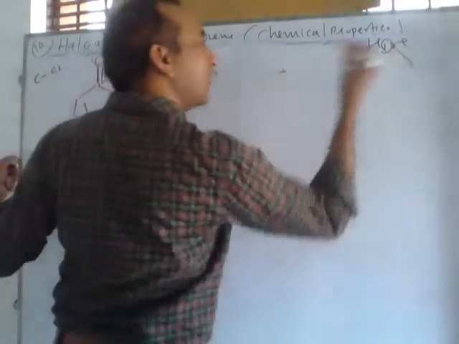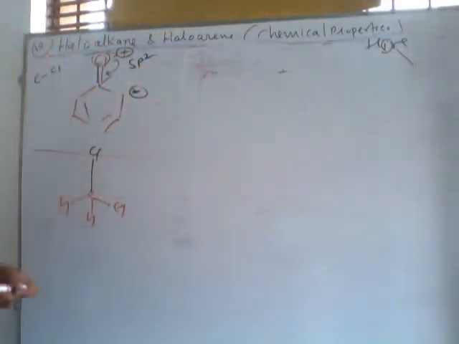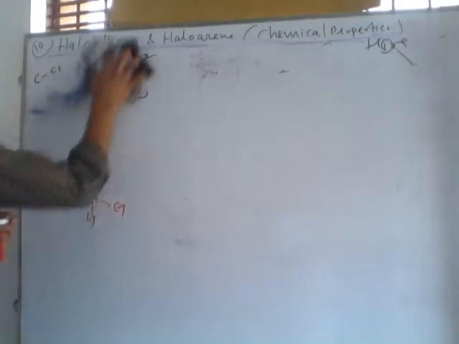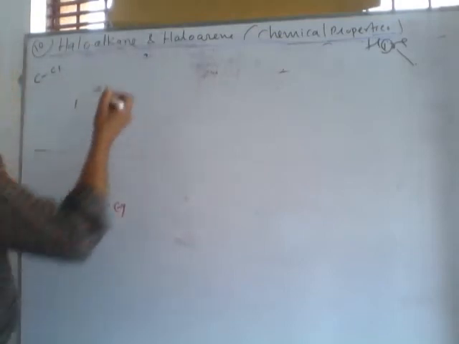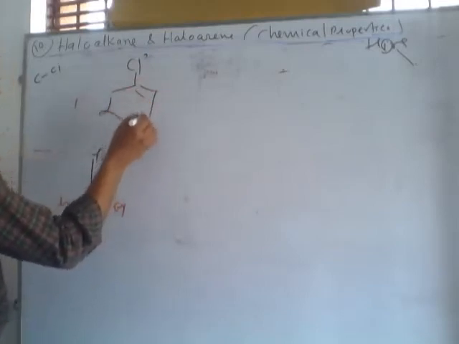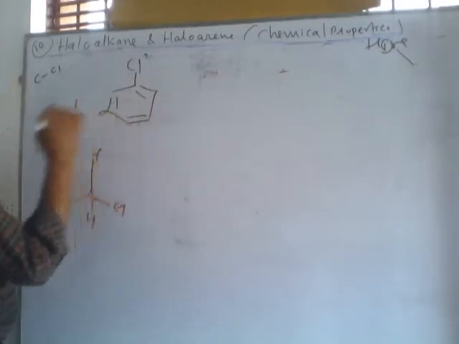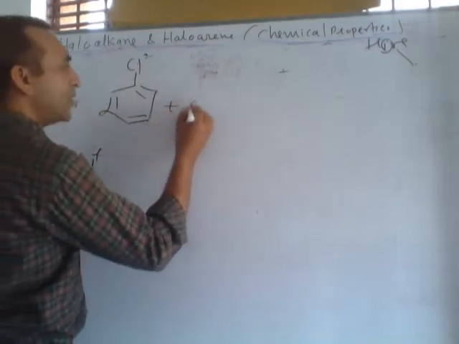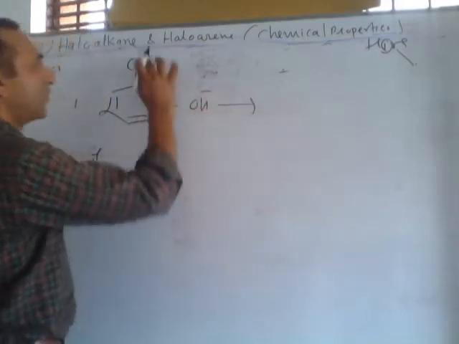And last, E is electron repulsion. Listen. This is the haloarene, this is the nucleophile.